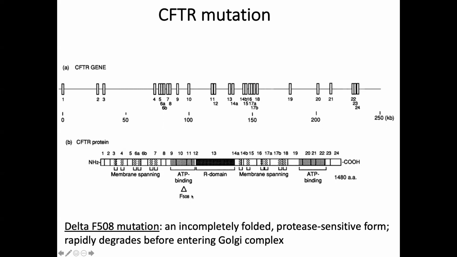So this single amino acid deletion produces an incompletely folded, protease-sensitive form of the CFTR protein. We know that the function of protease is to chop the protein, digest the protein into pieces, right? So if it's very sensitive to protease, that means it can be rapidly degraded before even entering the Golgi complex. That's how this mutation causes loss of the protein, loss of function, and then you end up with this disease.